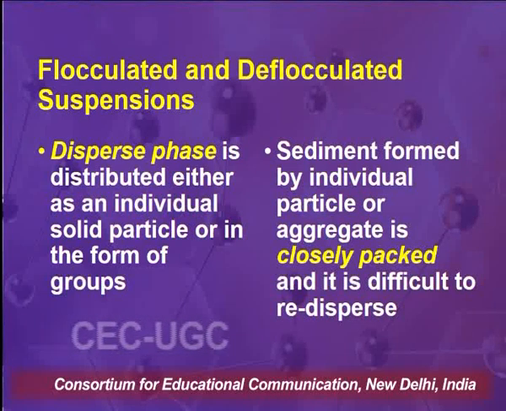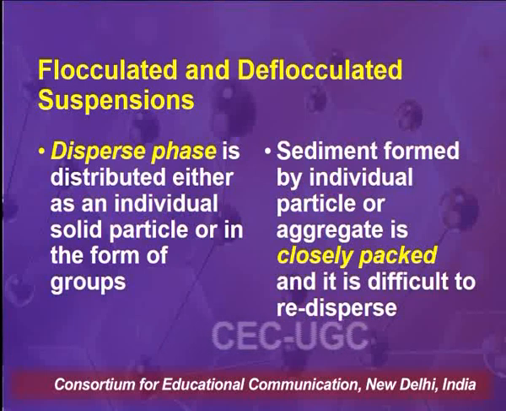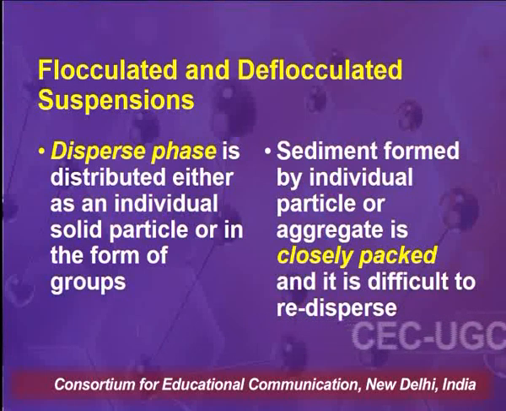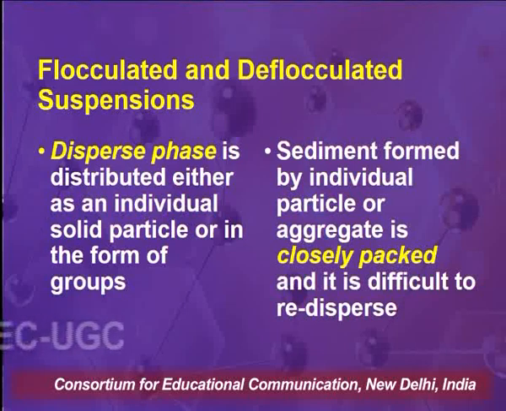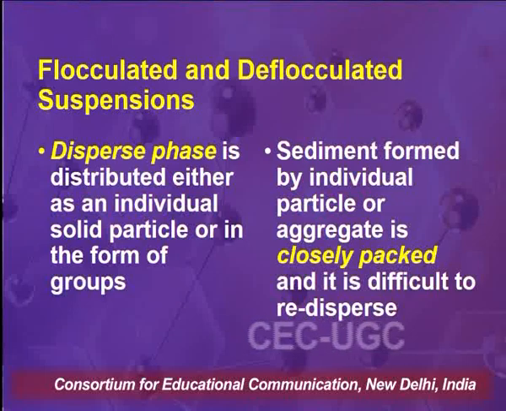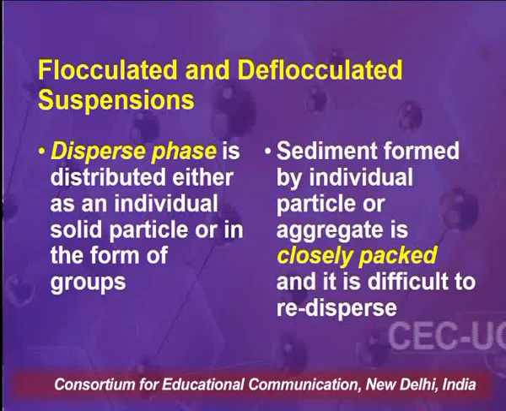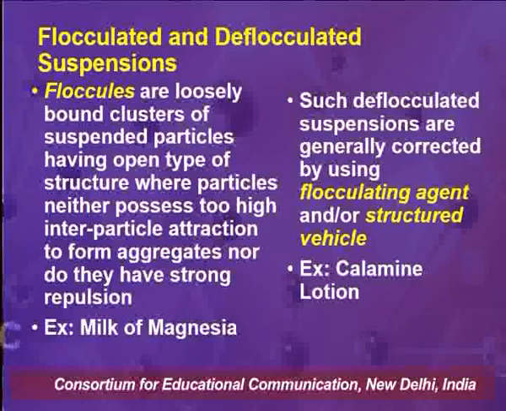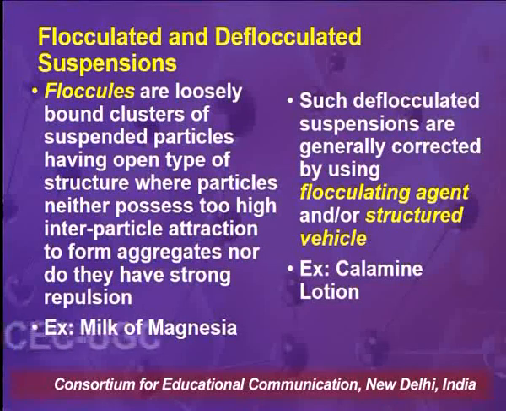In a flocculated suspension, the disperse phase, which is the insoluble solid, is distributed either as individual solid particles or in the form of loose groups, whereas in a deflocculated suspension, it will generally be distributed uniformly.